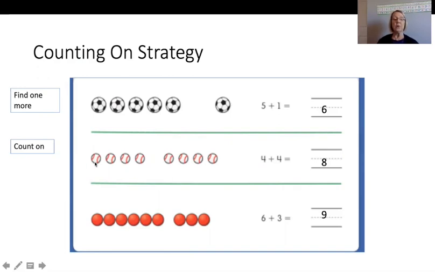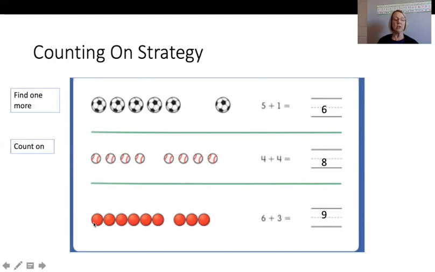We have 1, 2, 3, 4 baseballs. So we can say 4 in our head, and then add 5, 6, 7, 8, and have a total of 8. We're also going to talk about the fact that 4 has its double of 4, and how you can use doubles to find answers to sums quickly.